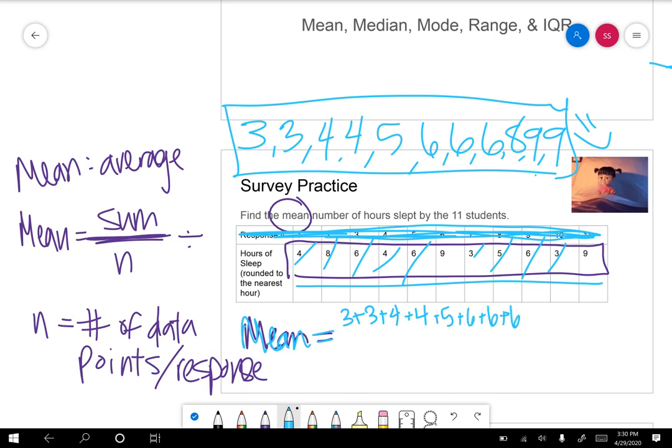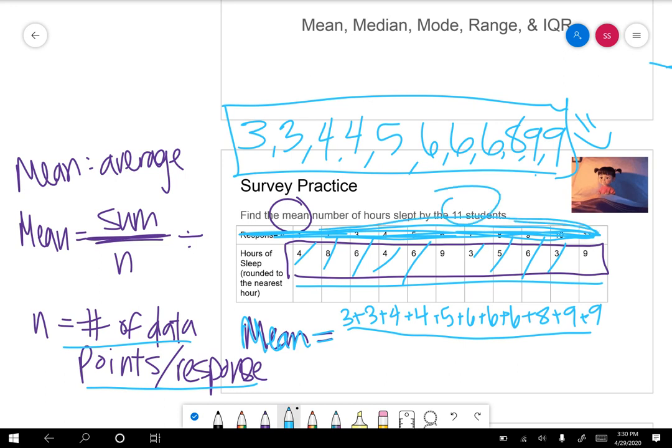I'm writing this all out so you know exactly what I'm doing. And then we divide by the number of responses, or number of data points, which we know is 11. 11 people responded, so that's going to be divided by 11.